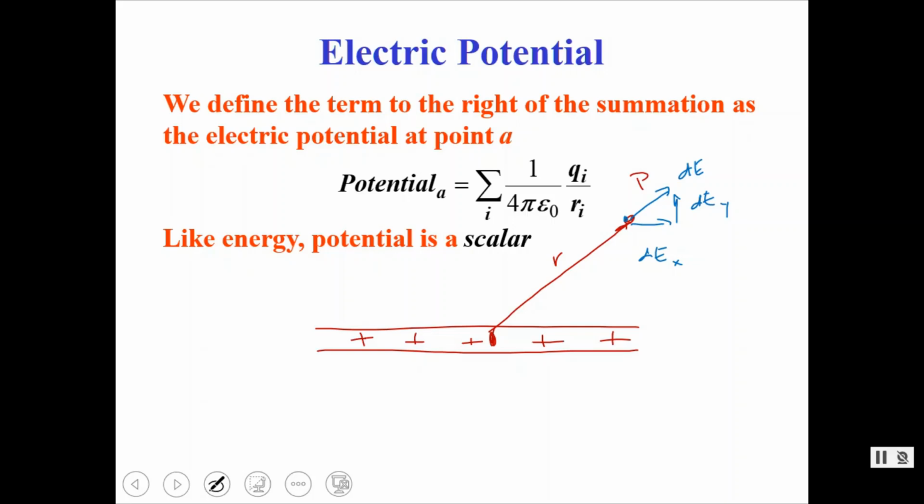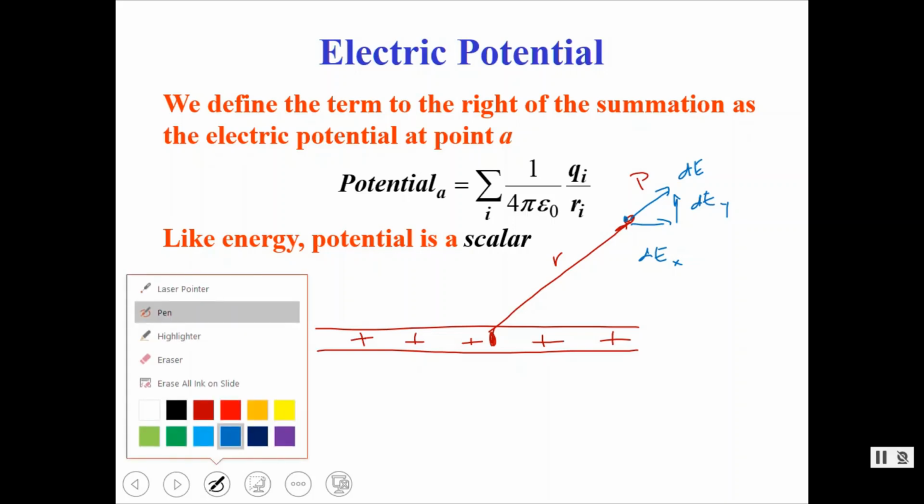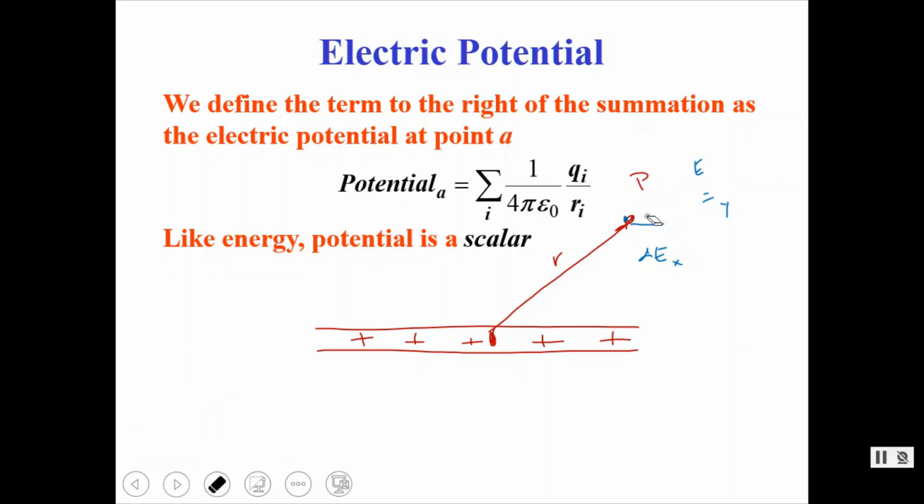But since potential is a scalar, when I go to find the potential at that point, I don't need any vectors, and I can just add up the potential at that point due to all of the different ones. That's the biggest mistake that I see people make when they're doing potential: trying to make potential a vector, finding components and summing up the components in x and y. You don't have to do that because it's a scalar.